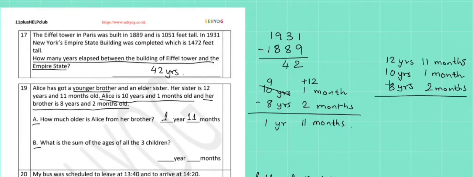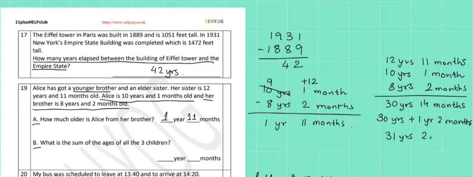Now adding the years, we get 12 plus 10 is 22, plus 8 is 30 years, and 11 plus 1 again 12 months gives 1 year extra. So we will get 31 years after that, and 2 months is the remainder now. So 31 years and 2 months is our answer.